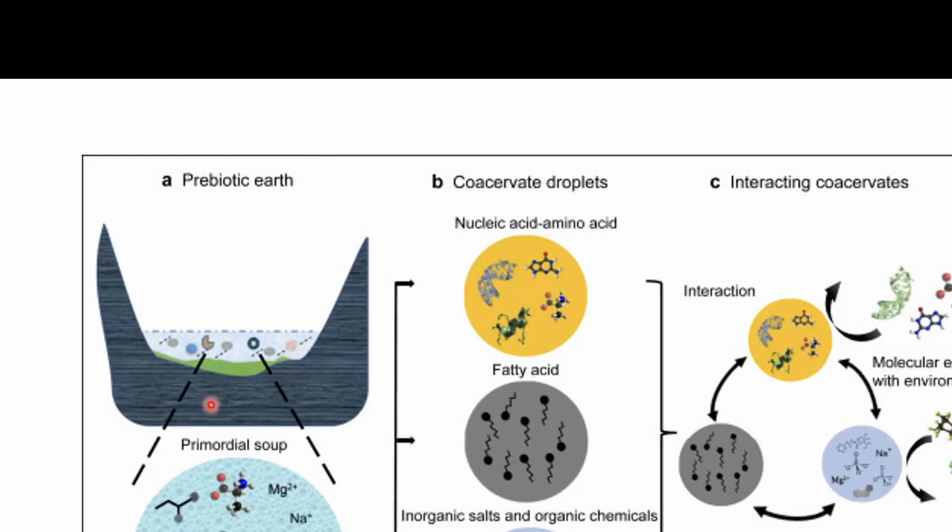Prebiotic Earth, when there was no life on Earth. So there was the formation of a primordial soup, as scientists call it. By soup, they mean the mixture of different components inside water. Water was the first place where life originated. In the water, there were molecules like proteins, nucleic acids, fatty acids or lipids, inorganic salts, and organic chemicals. These were the components, and they formed these coacervate droplets.